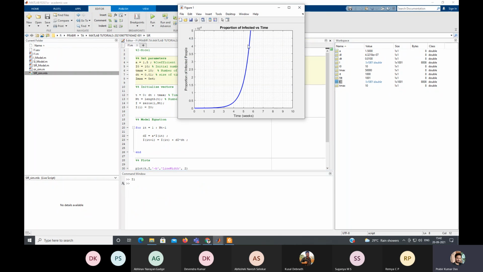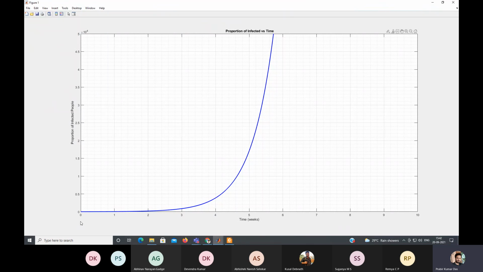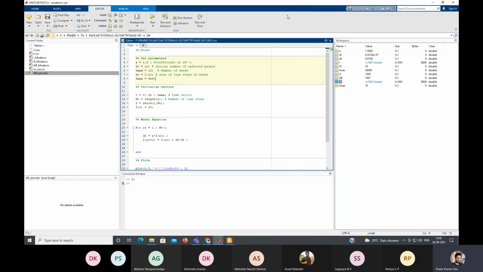So this will generate our graph. Okay, so this is our first model, that is only I model. You can see initially the number of infected people will be less, but as the time progresses, the number of infected people will be more and more, and it will increase at an exponential rate. Okay.